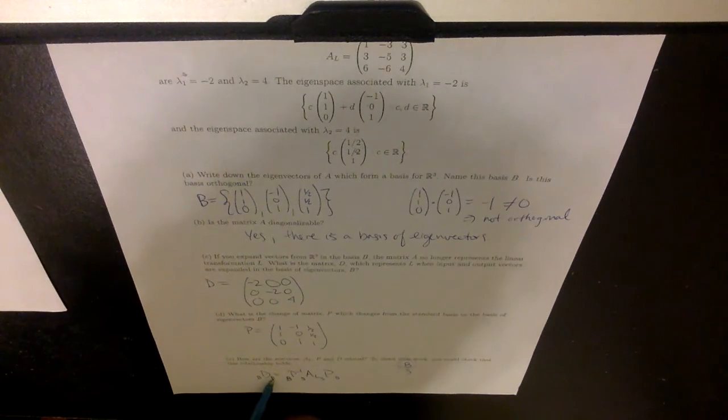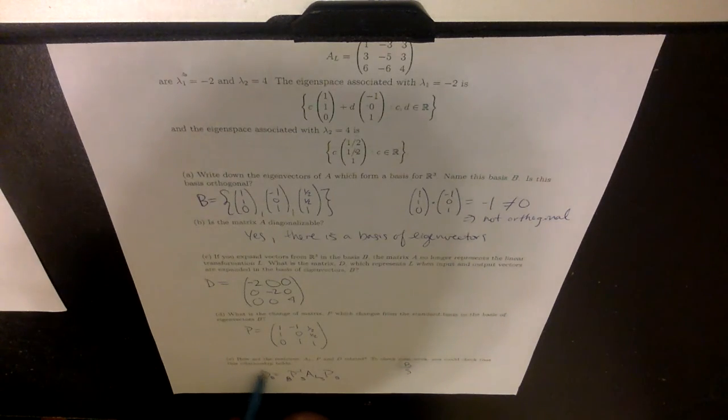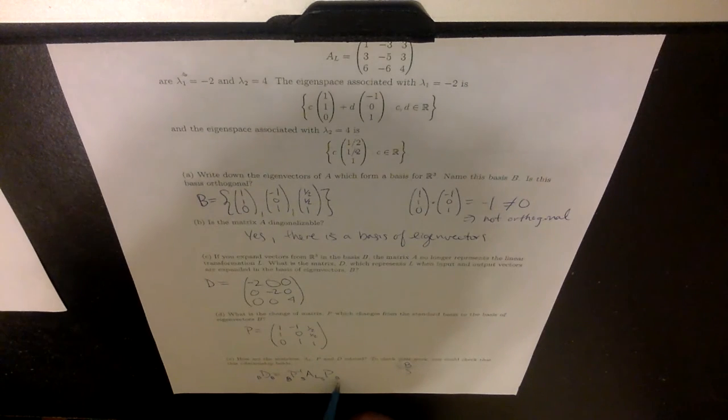I have a vector expanded in the basis of eigenvectors, I apply the linear transformation, and I still get something expanded in the eigenvectors. Here I go, eigenvectors to standard basis, apply the linear transformation, go back to the basis of eigenvectors.